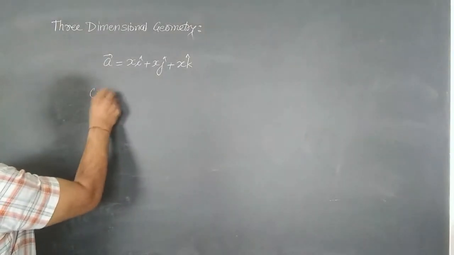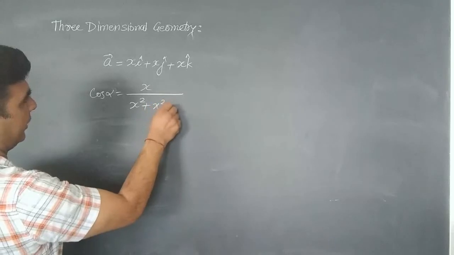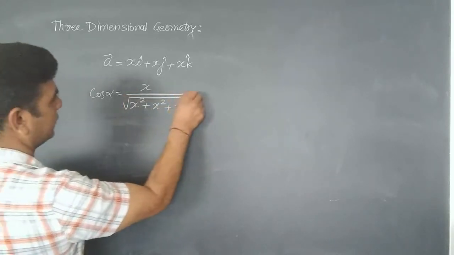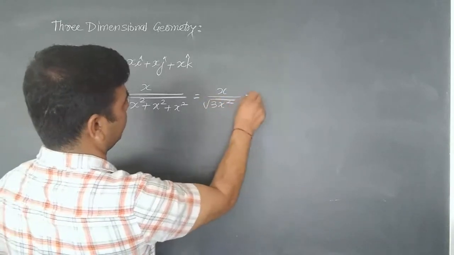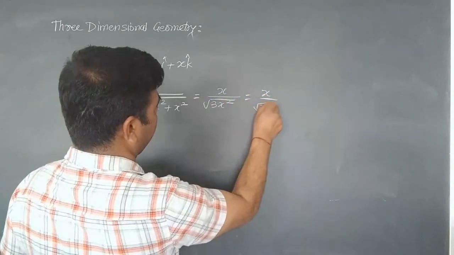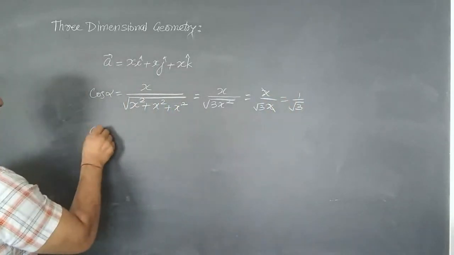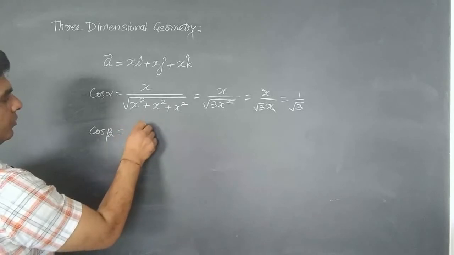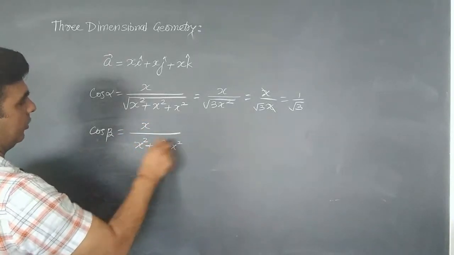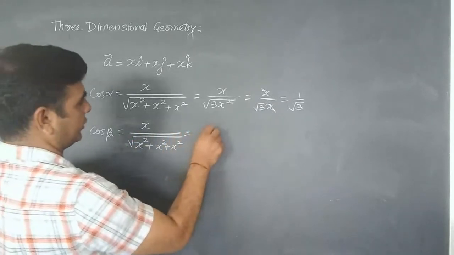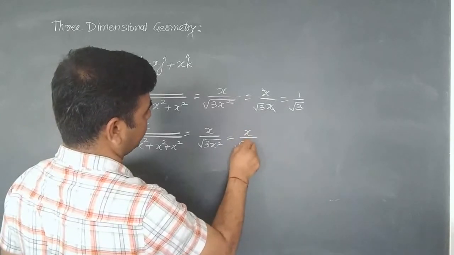Cos alpha is given by x upon the root of x square plus x square plus x square, which is x upon the root of 3x square, which is x upon root 3 x. Cancel out, this is 1 by root 3. Cos beta is the same, x upon the root of x square plus x square plus x square, which is x upon root 3 x.